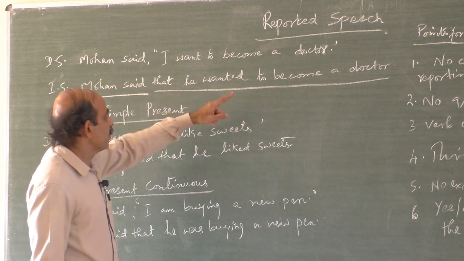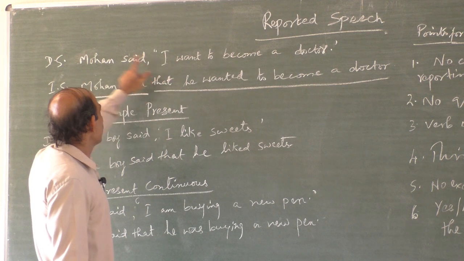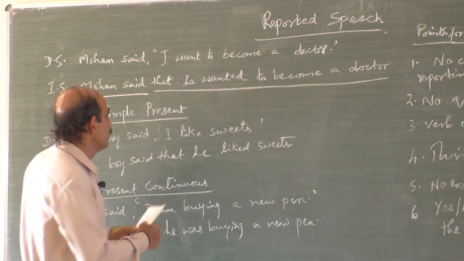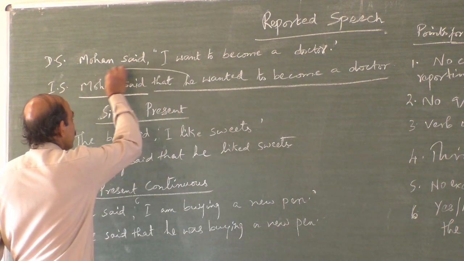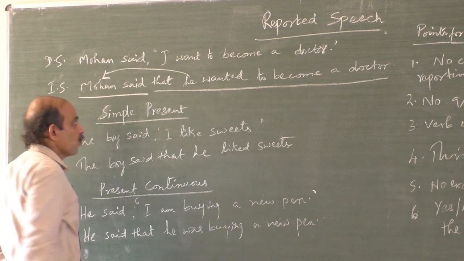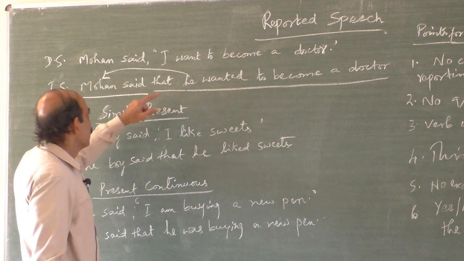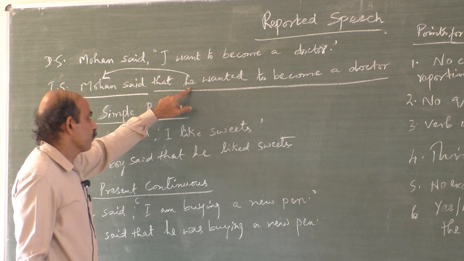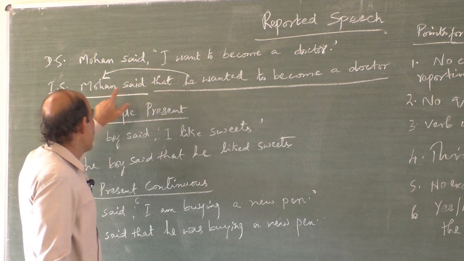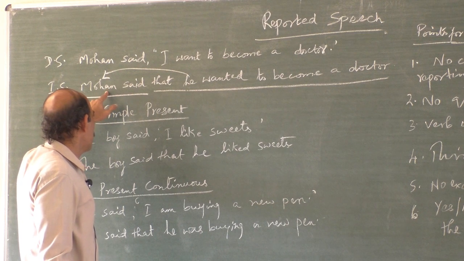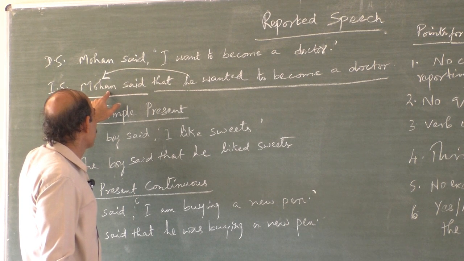That he wanted to become a doctor: this I is Mohan. Naturally, this he has a connection with the person who has spoken. That is he, the third person, masculine gender pronoun, which has a connection with Mohan, who is the speaker here.